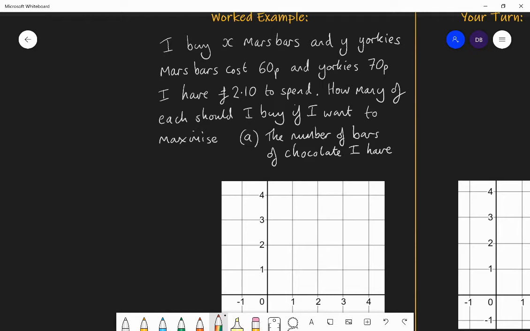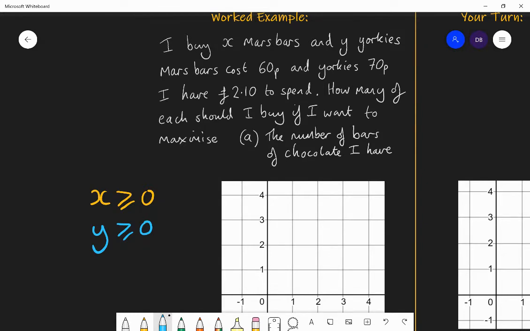The first constraints for both x and y are very simple, trivial constraints, based around the fact that I can't buy negative Mars bars or negative Yorkies. So I know that x has to be greater than or equal to 0. And I know that y has to be greater than or equal to 0.